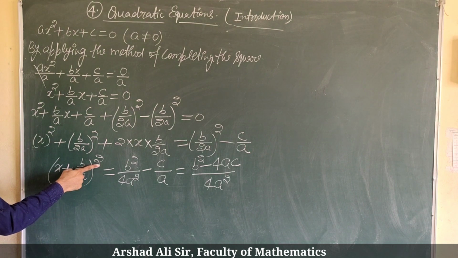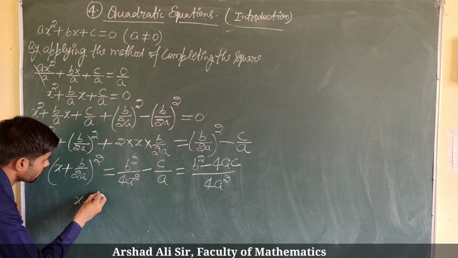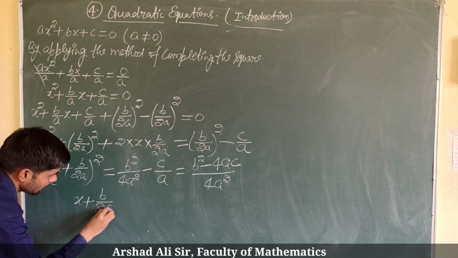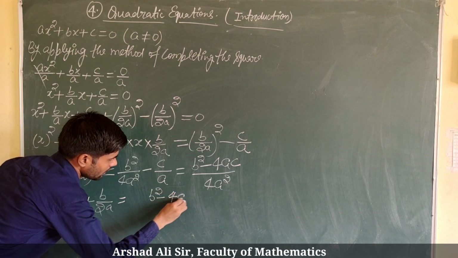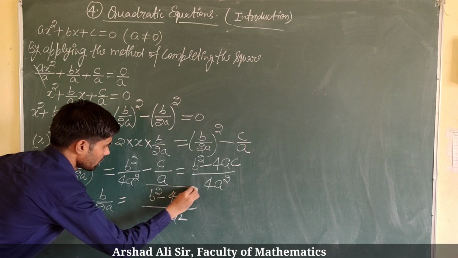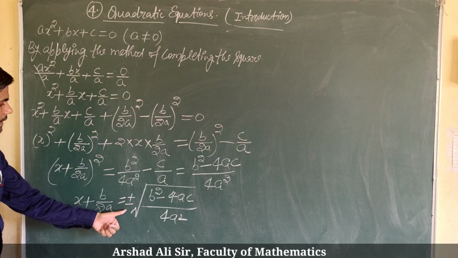We can remove this square by taking the square root of the right side. x plus b upon 2a is equal to the square root of b square minus 4ac upon 4a square, and we can take both the signs, plus and minus.